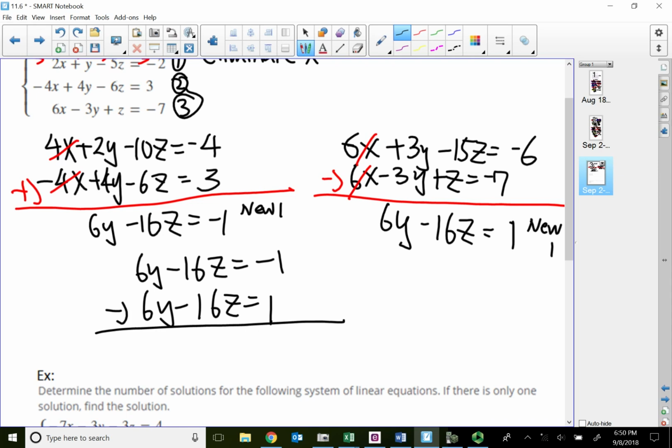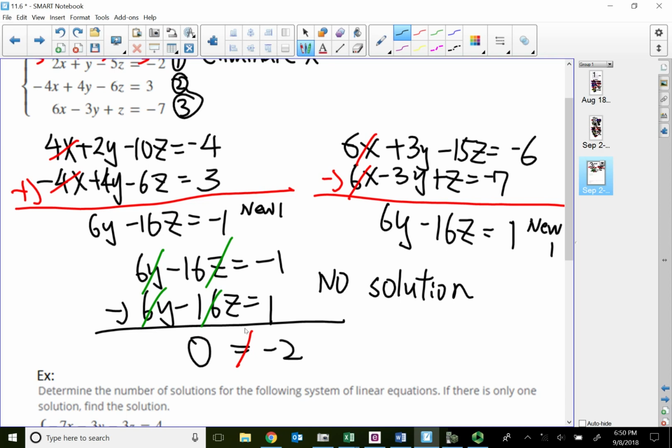So if I subtract them, all the variable terms will cancel out, just like when we did with the two variables. So this is actually 0 equal to negative 2, which you know cannot be true. So this problem is telling you there are parallel lines, so there's no solution. Okay, that's what it looked like.